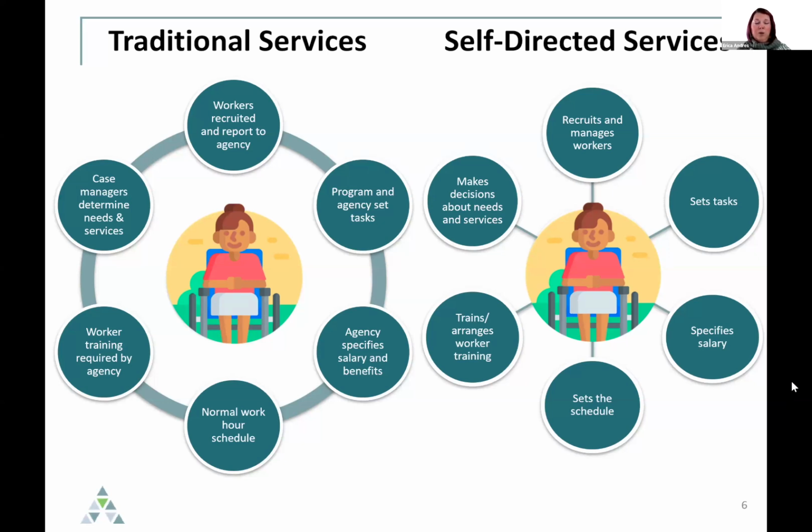But in self-directed services, as I said, the member is at the center and controlling everything. So not only do they recruit and manage their workers, but they also set the tasks that the workers will be doing. They get to choose the salary, they set the schedule, they train or arrange for training for the worker, and they make decisions about what services and needs are.